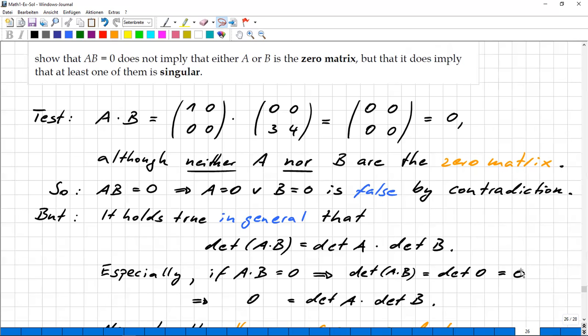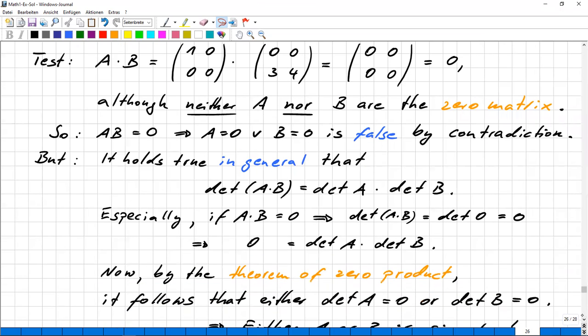So now we know that in this special case, the determinant of the matrix product must be 0. And using this general theorem, it means that either the determinant, now we can really use the classical theorem of zero product, because this is simple algebra now. Determinants are just numbers, they are not matrices.